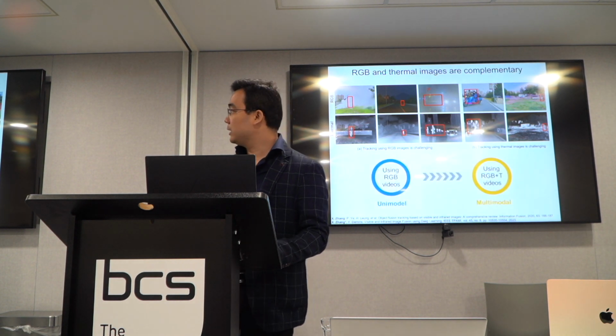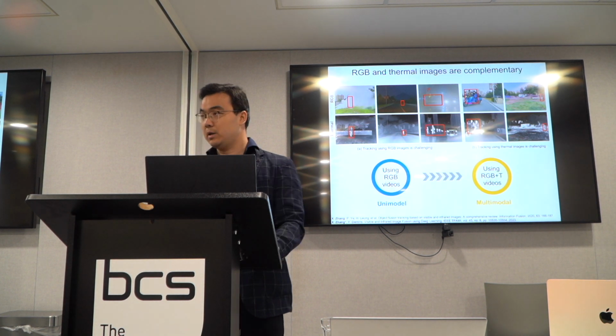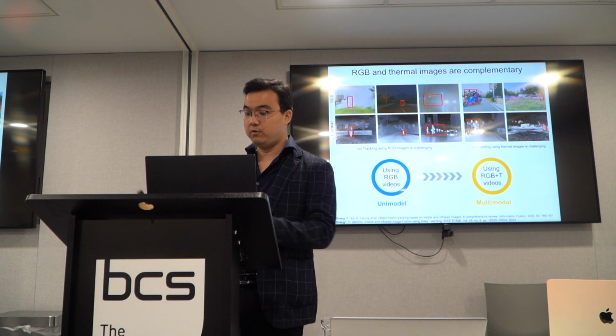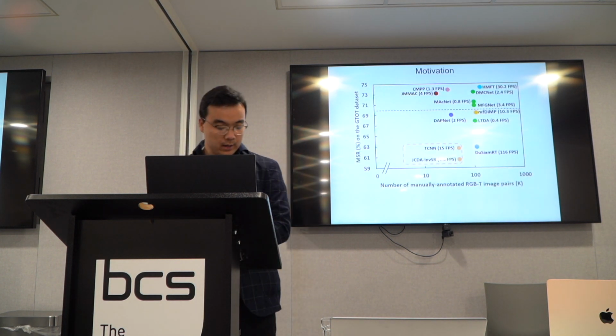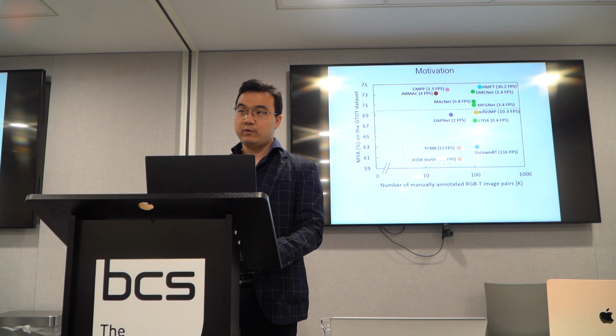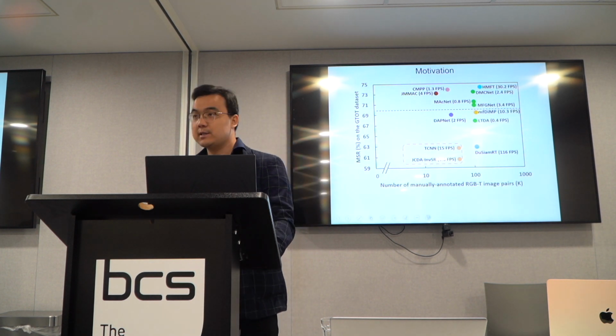This is why, in recent years, more and more people are trying to use both RGB and thermal videos in tracking to perform multimodal tracking. In this figure, I list the performance of main RGBT trackers on the public dataset.